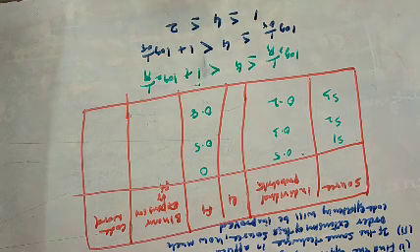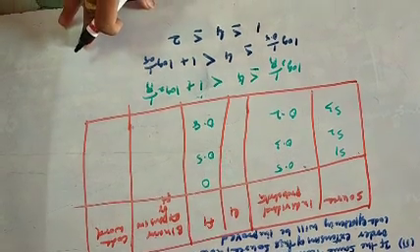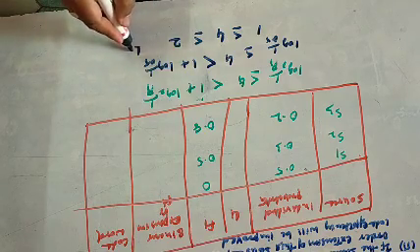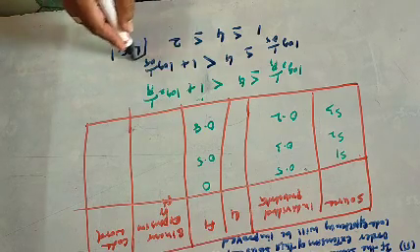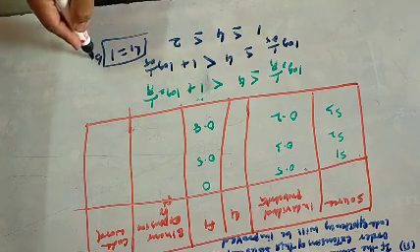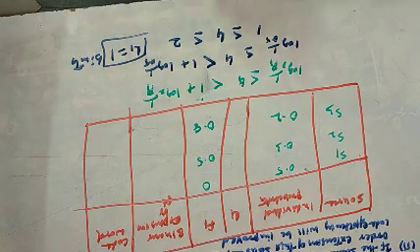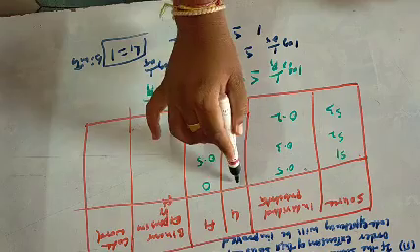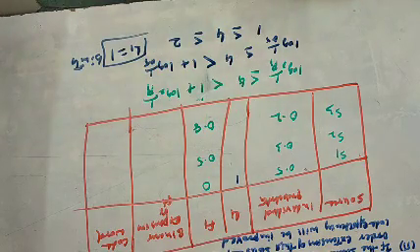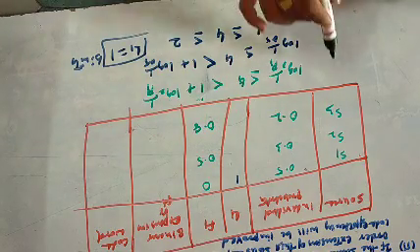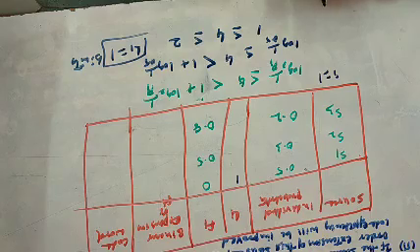The log of 1 upon 0.5 is nothing but 1, so 1 plus 1 gives 2. Here we have to select the least integer. The least integer here is 1. So L1 is equal to 1. So this becomes 1. This is for L1.